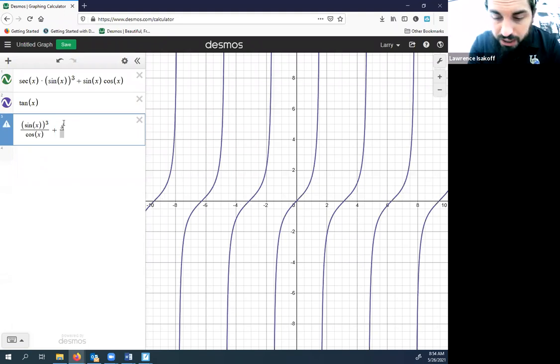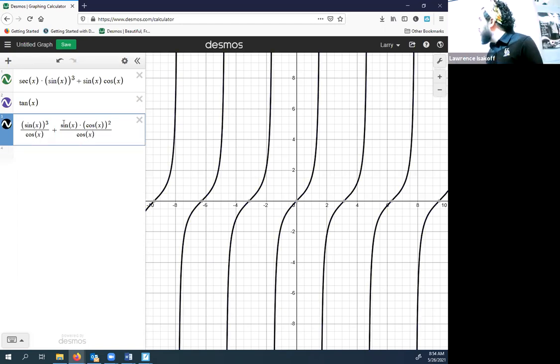So I'm going to write this out as sine of x times cosine of x quantity squared, and multiply the denominator by cosine of x. Notice that's still lining up.